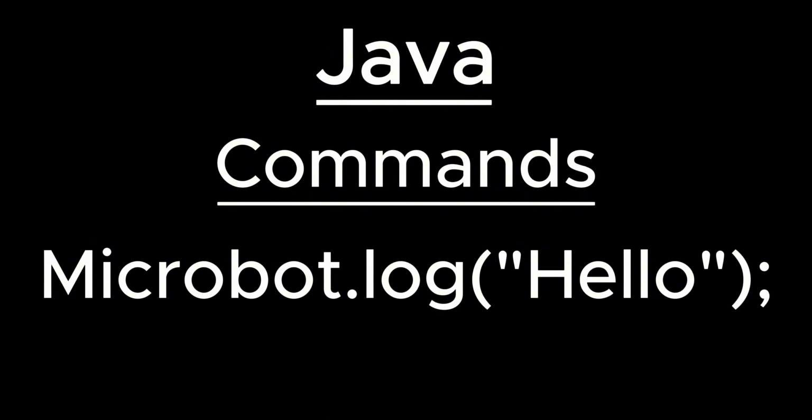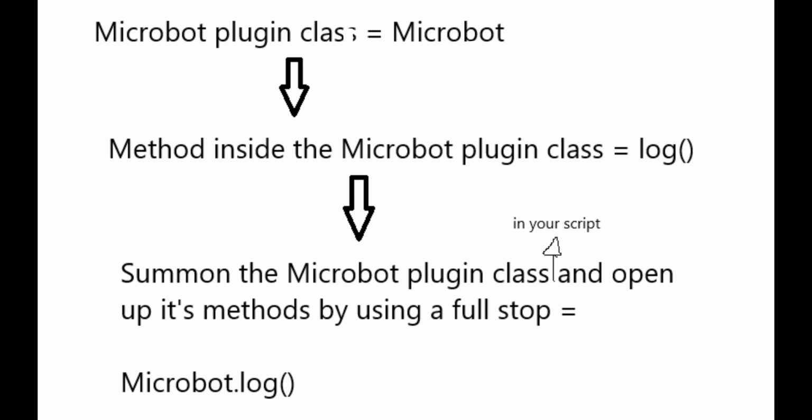We then want to close this bracket because every method that you call will require an open and close bracket. We close this bracket saying this is the message we want to get across through the method of the log, which is inside of the Microbot plugin class. And then you want to say, right, so this is my command in its entirety, and you close that off by putting the semicolon.